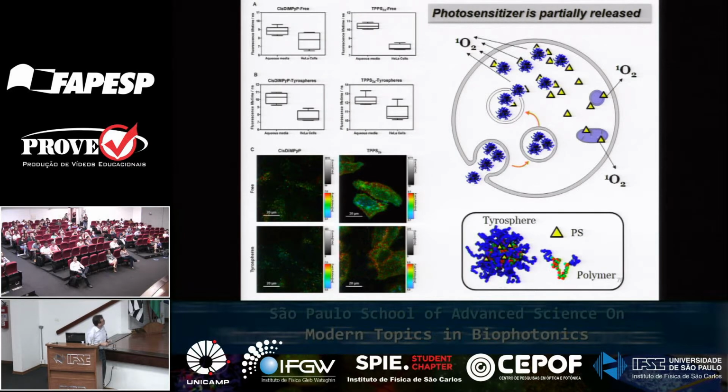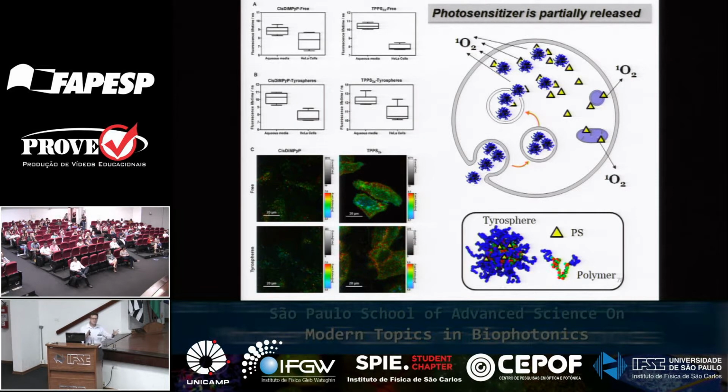So what we propose is happening is the following. The molecule enters as a complex, and it gets partial release here. The ones that go to the site go to mitochondria or lysosome, depending on the charge. However, part of the dye remains in the polymer, generating a lot more singlet oxygen.